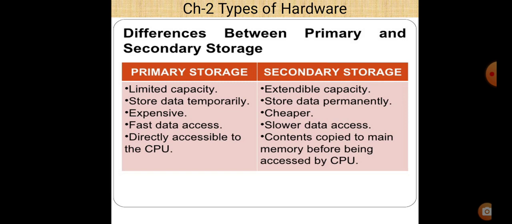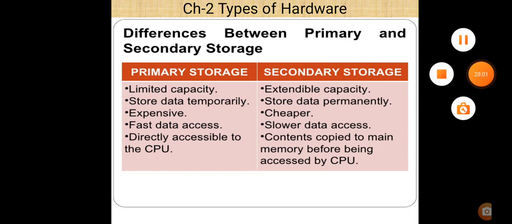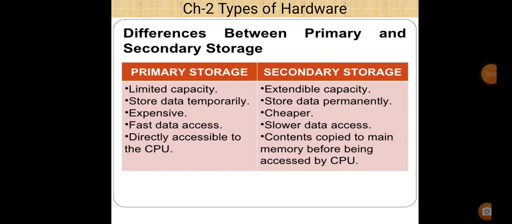That is the last point: primary storage is directly accessible to the CPU, and in secondary storage, content is copied to the main memory, meaning RAM, before being accessed by the CPU.